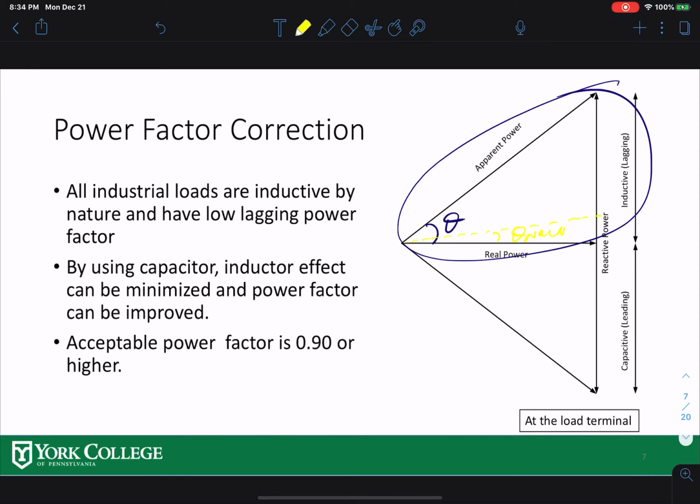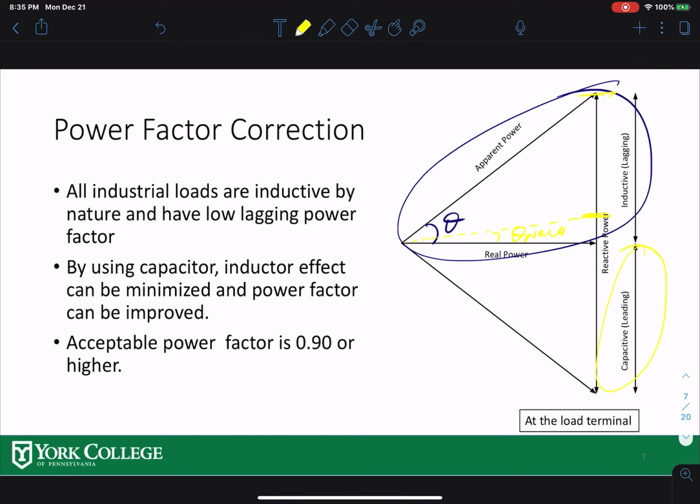To do that, I have to take this much off of the inductive load. To take off the inductive load, I have to add capacitive load. So the goal is to add capacitive load, which means adding a capacitor in parallel with the load, so that the lagging power factor angle is reduced to close to 0.